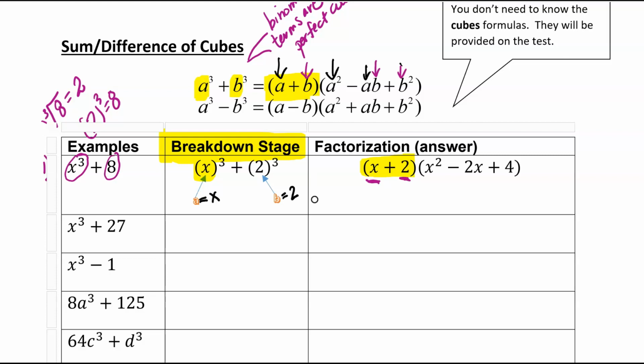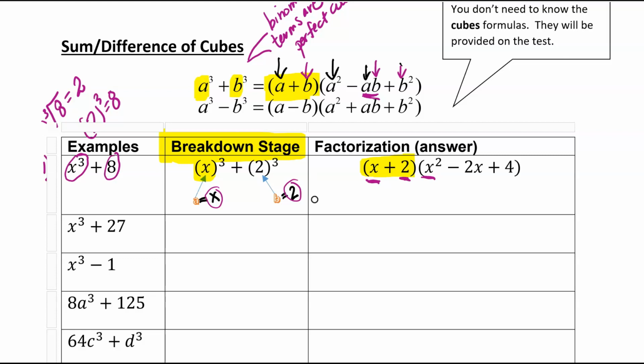Instead of putting A squared, we're making a substitution. A is x, so now it's going to be x squared. We never change the signs of the formula. We keep the signs. So that's why it's minus here. AB means A times B. So if we multiply our A and our B together, we get 2x. Of course, we will write the 2 first.